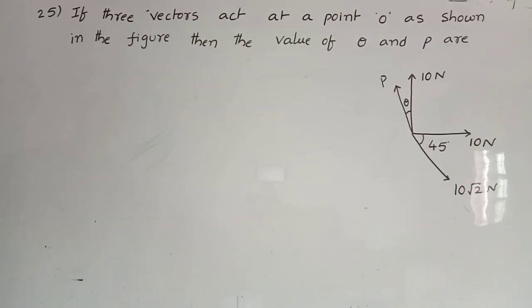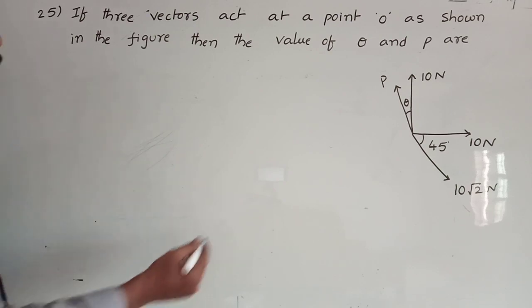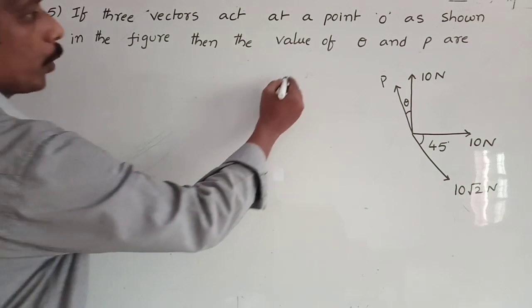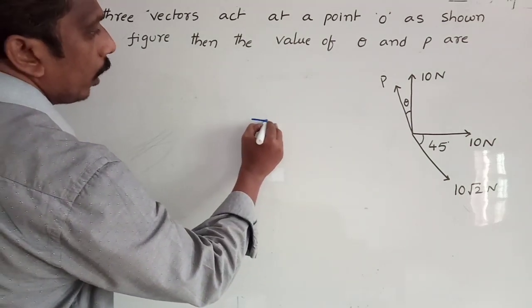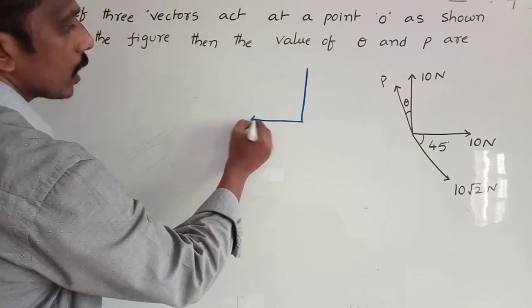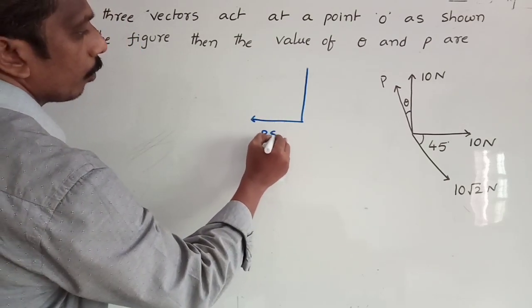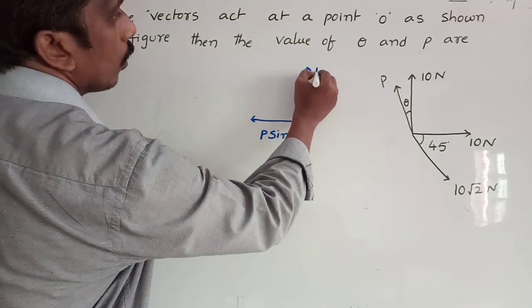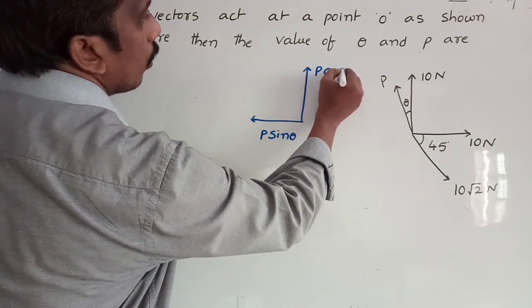Problem number 25. If three vectors act at a point O as shown in the figure, then the values of theta and P are? First, we should resolve this P and 10 root 2 into perpendicular components. The components of vector P are along negative x-axis P sin theta and along positive y-axis P cos theta.